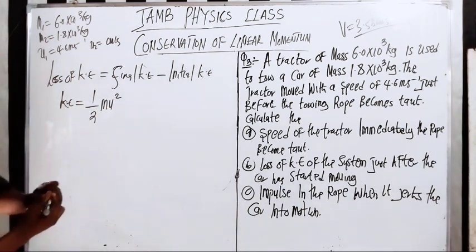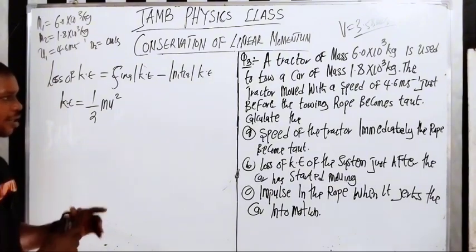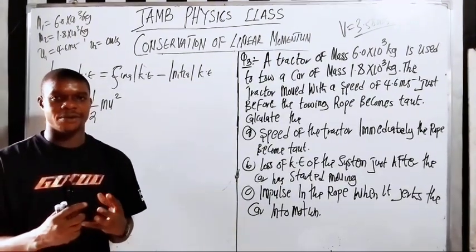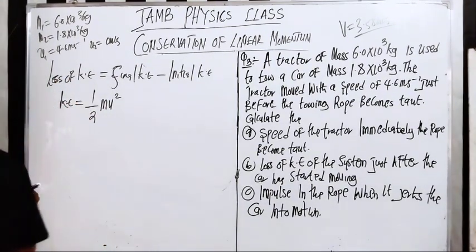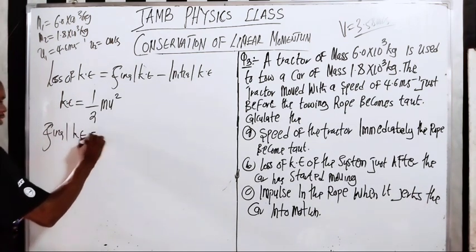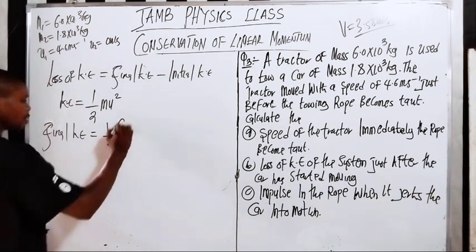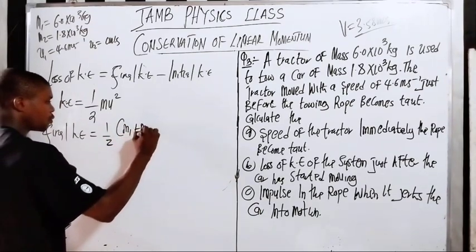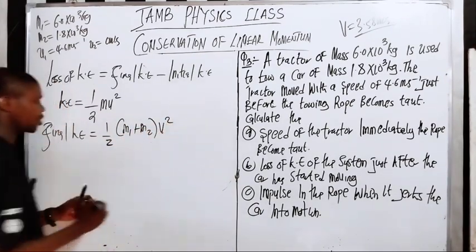Now let's calculate the final kinetic energy. The final kinetic energy is going to be half (m1 plus m2) v squared. Do you understand?